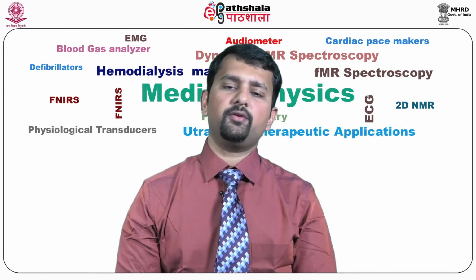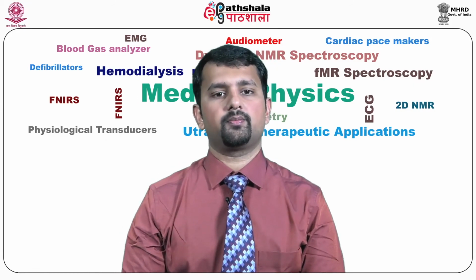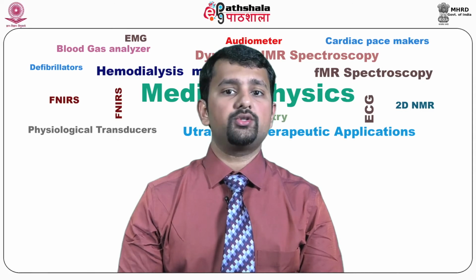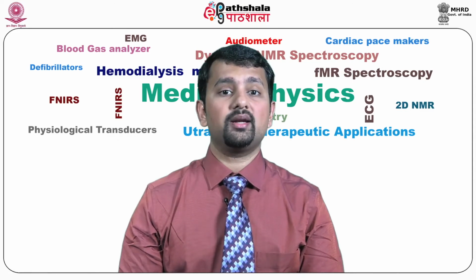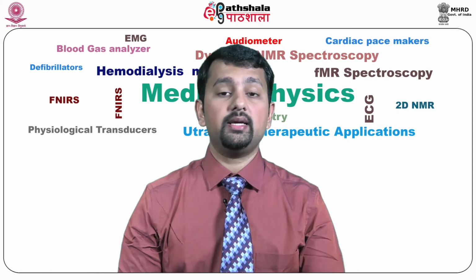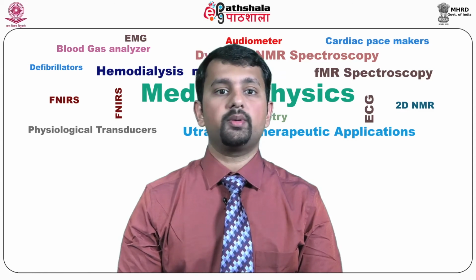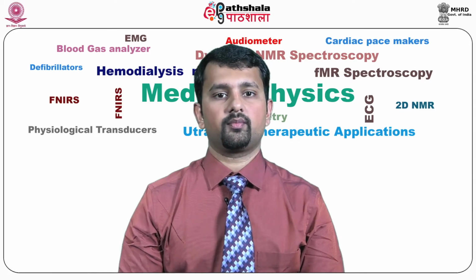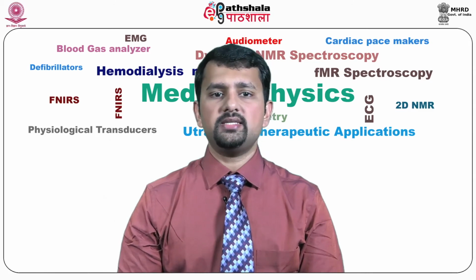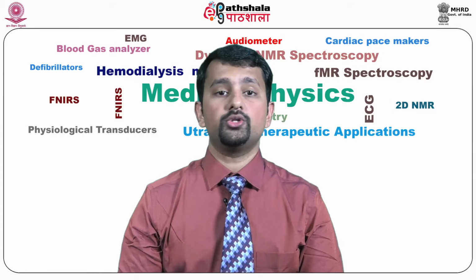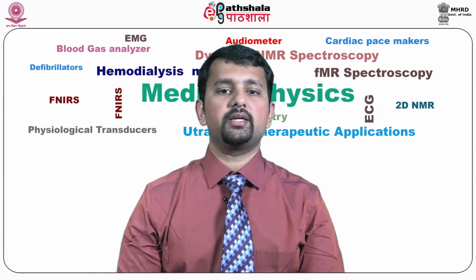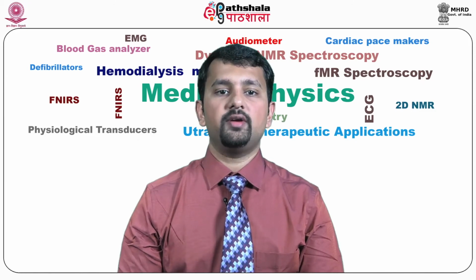Now let us look at the pitfalls in MRS. MRS is a challenging technique and should only be used when spectral data will provide clinical information that is not obtained by other imaging techniques. The technique is sensitive to magnetic field inhomogeneities and requires precise manual adjustment to ensure field uniformity.